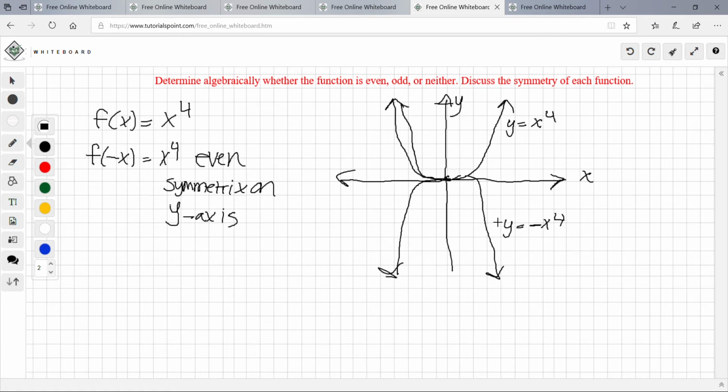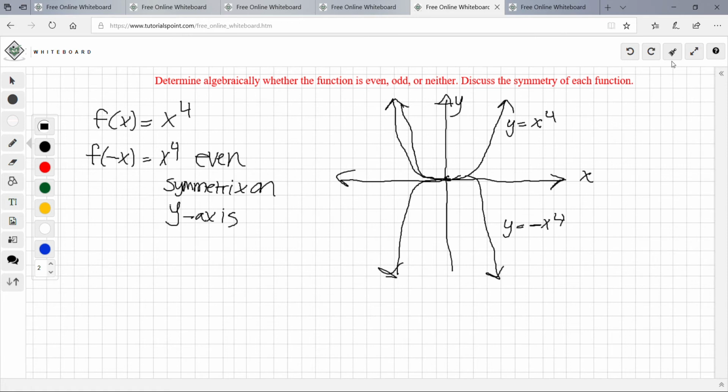If you fold it like a book, you get a reflection on the x-axis. And then the other way is you can just look at the degree. If all the degrees are even, then it's even. If all the degrees are odd, it's odd. If you get an even and odd, that means it's neither.